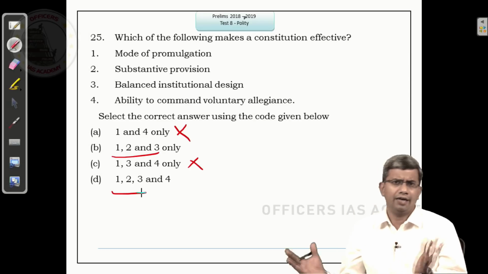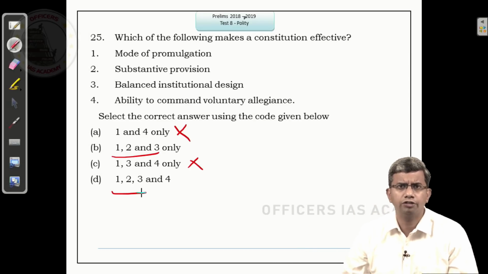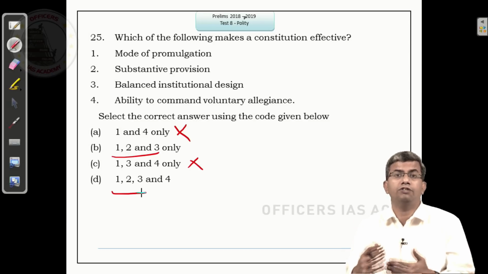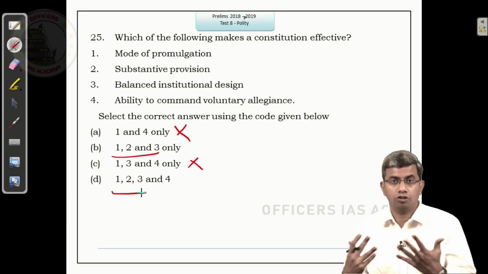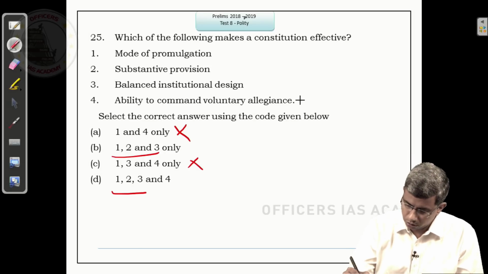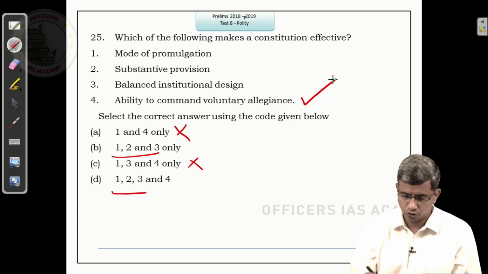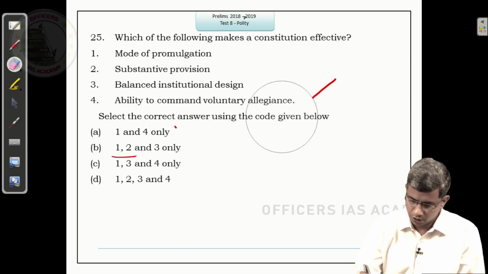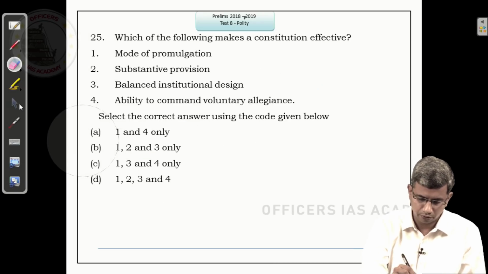Of course, there are exceptions, there are forceful things which the state tries to do, right, time and again, but there are courts to prohibit it. By and large, it is the voluntary allegiance of the citizens of a country which makes a constitution effective. So the fourth point is also correct. So the correct answer again for this is D, which is 1, 2, 3 and 4.